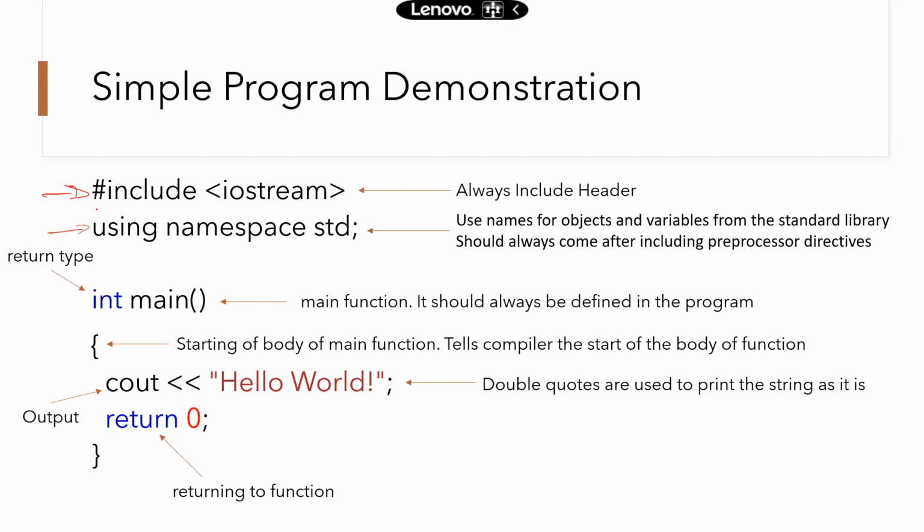For example, if we have another preprocessor directive, that is include math.h, we are going to write this preprocessor directive before using namespace std, because this is a standard namespace that we'll be using after including these preprocessor directives. It is not possible to write using namespace std and then include another preprocessor directive, let's suppose conio.h.